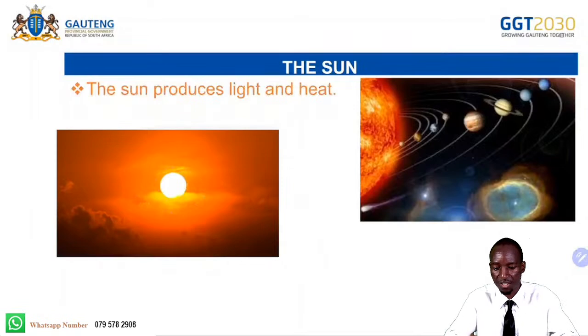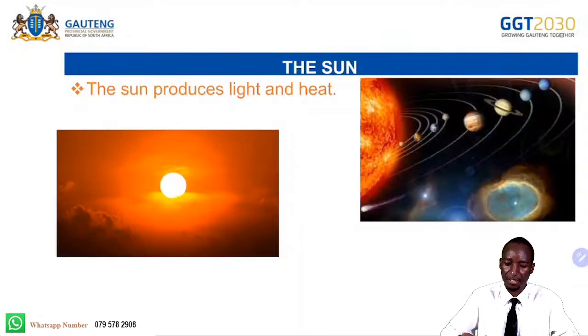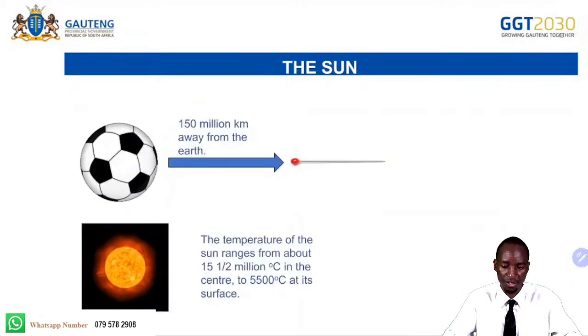At the far right, the sun is glowing, burning, and there are some planets which seem to be orbiting around the sun. Thus, what the sun does, it produces light and heat energies. These are the two forms of energy that the sun produces.